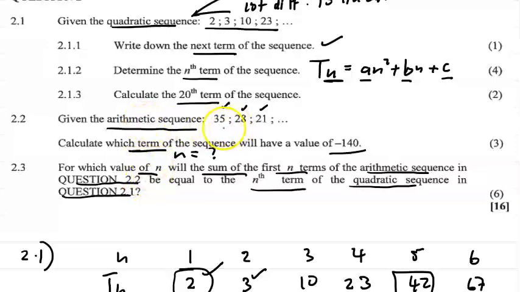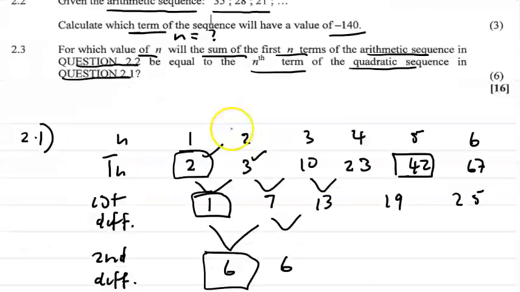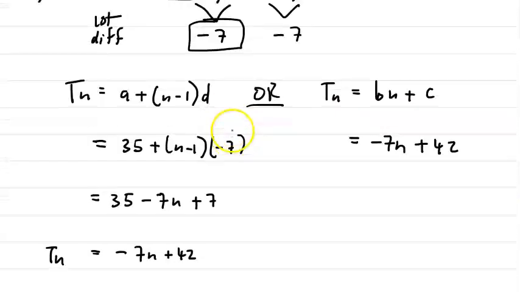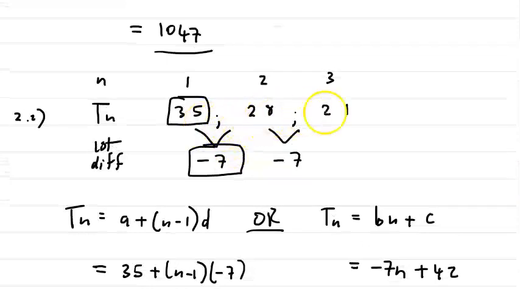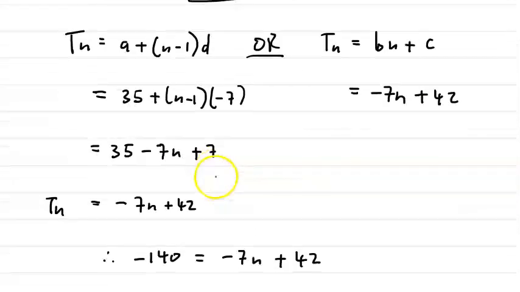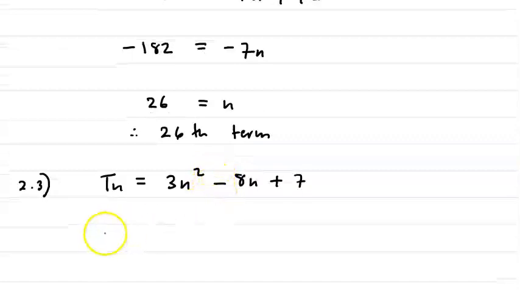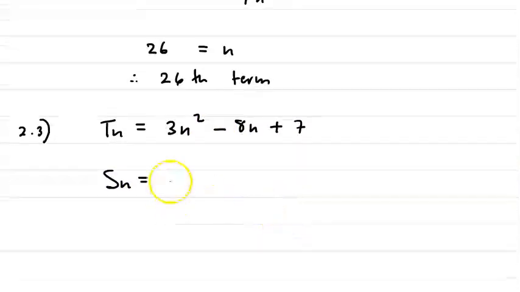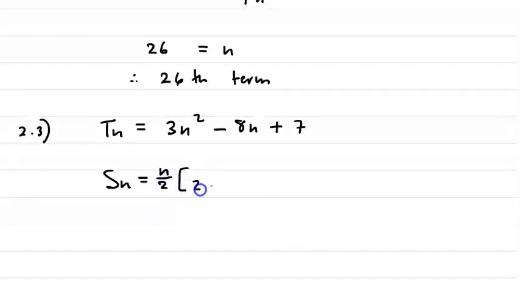So we've already written the sequence out, and there we go, it's here: 35, 28, 21. So we've got the difference. Therefore, let's have a look at that. How do we find the sum to n terms of an arithmetic sequence? Well, there's two ways. The formula is as follows: Sn equals n over 2 into 2a plus n minus 1 times d.